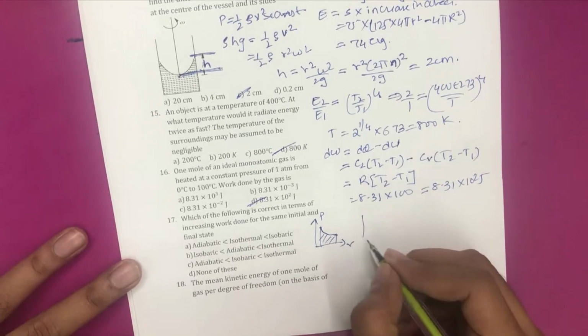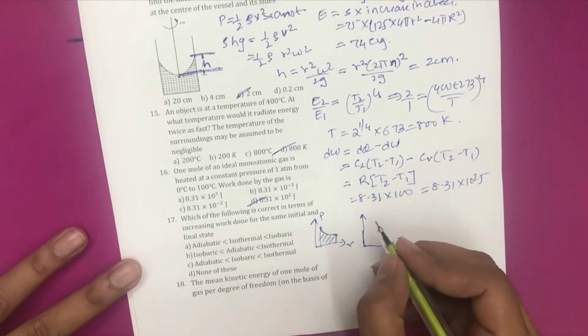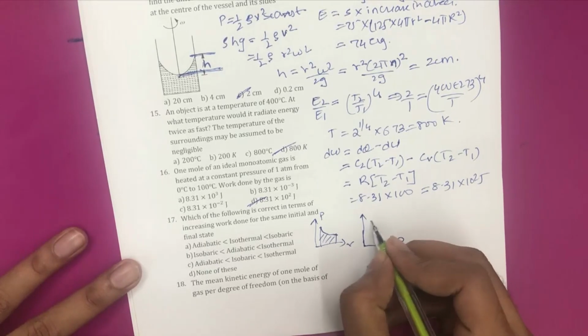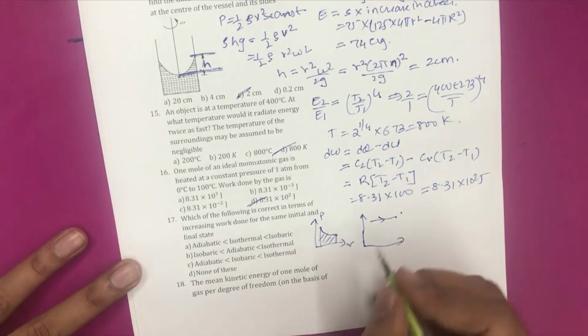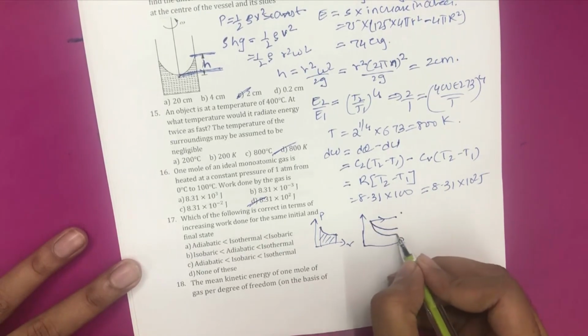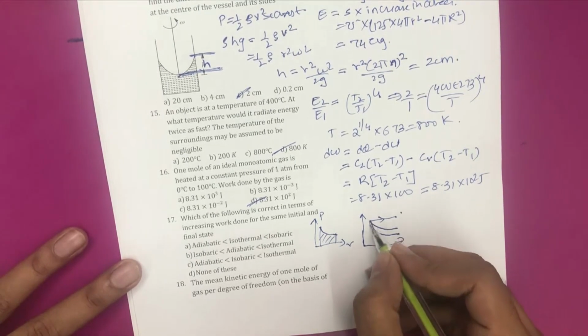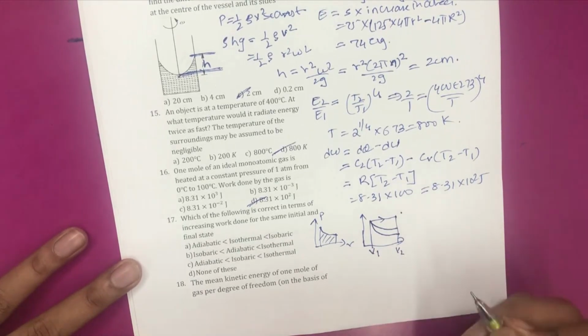Now if I plot the work done for the different processes, for isobaric process, this is what the graph would look like. For isothermal, this is what the graph would look like, and for adiabatic, this is what the graph would look like, when the volume changes from V1 to V2.